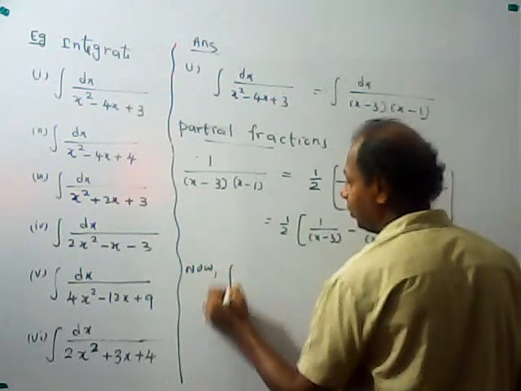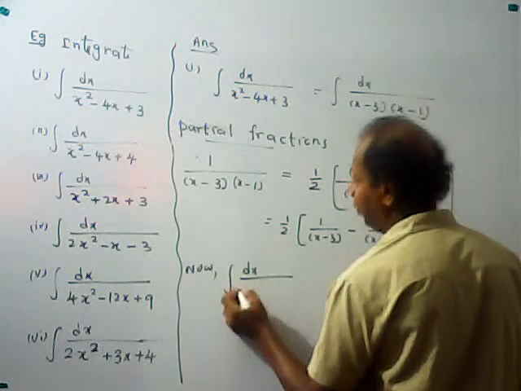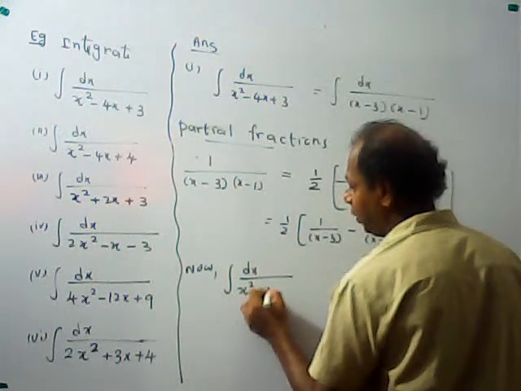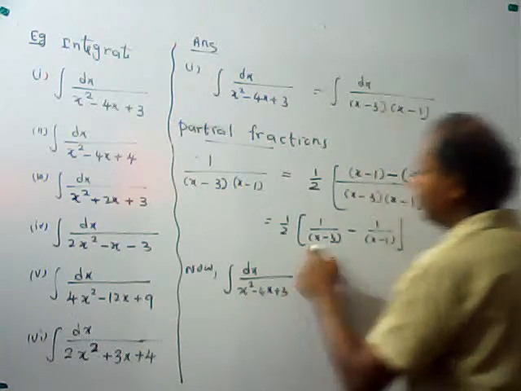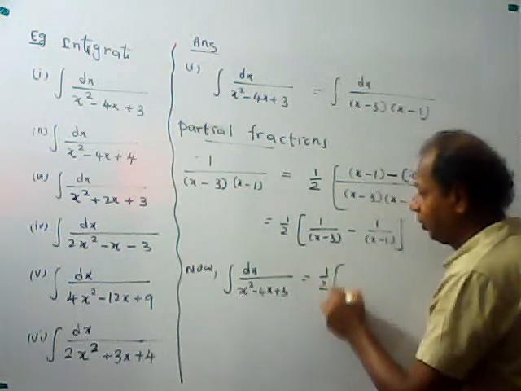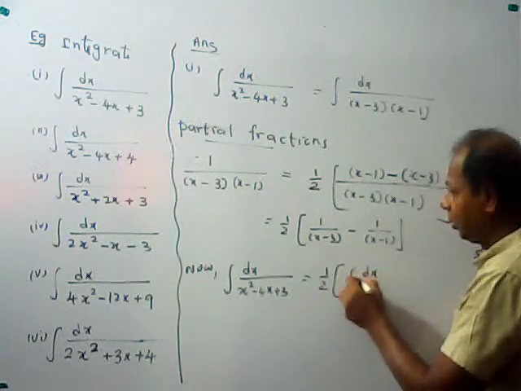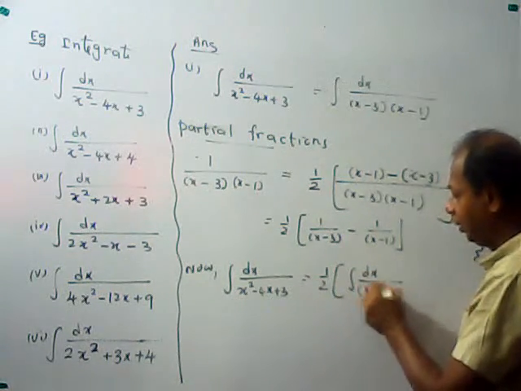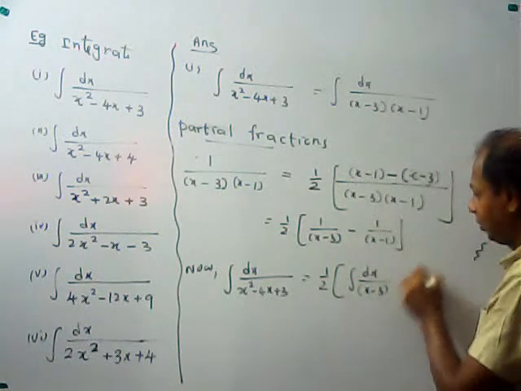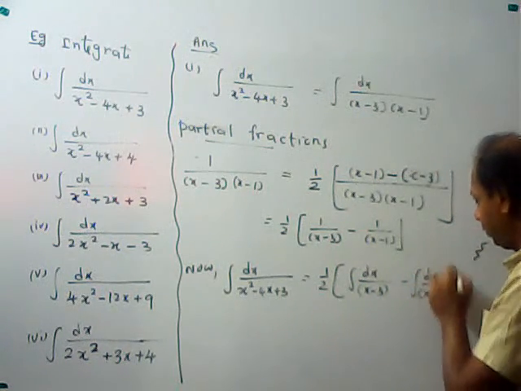Now, integral of 1 over x squared minus 4x plus 3 is equal to integral of this. So I can take half out, then integrate them separately: dx over x minus 3 minus dx over x minus 1.